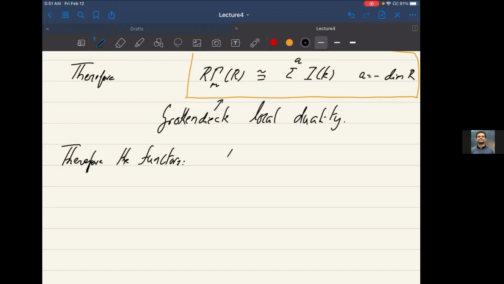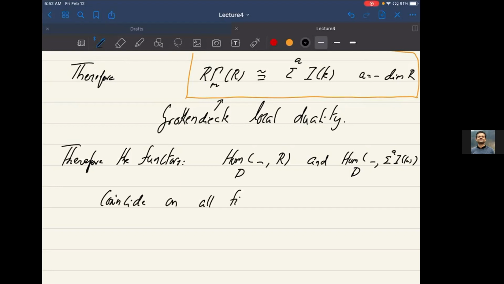Functors on the derived category of the ring coincide on K by definition, but they coincide therefore on all finite length objects.